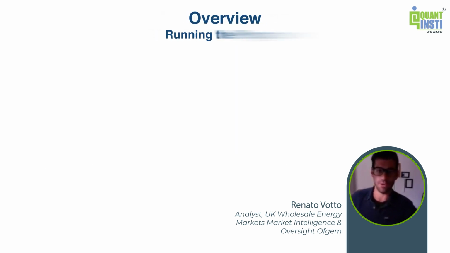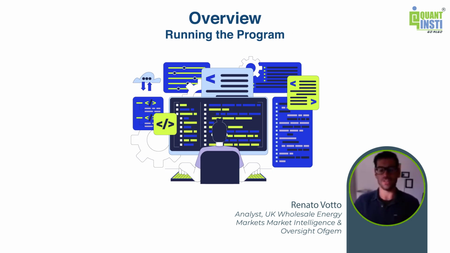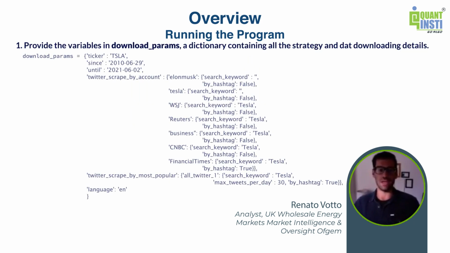Let's start with the overview. As I said, I coded a lot of code for the final aim to have as little as possible to be messed up with when it comes to the user. And so basically we have 9 steps that allow you to use my program. And the first one is providing some details within this dictionary. And you pass in the stock you want to analyze, the dates on the time frame.